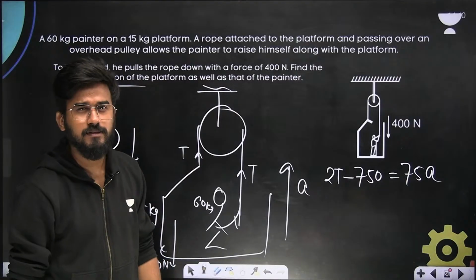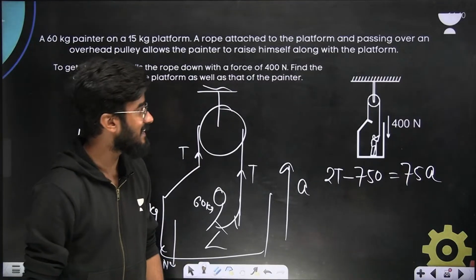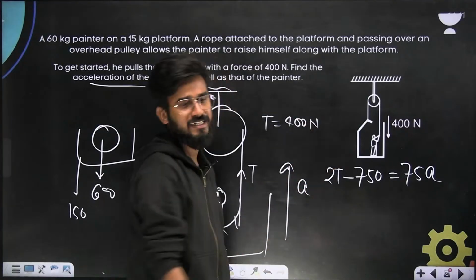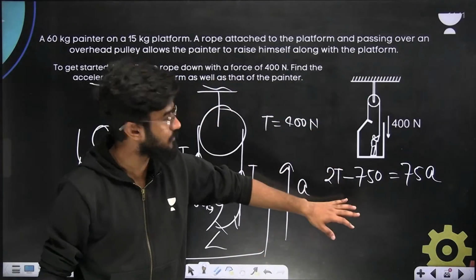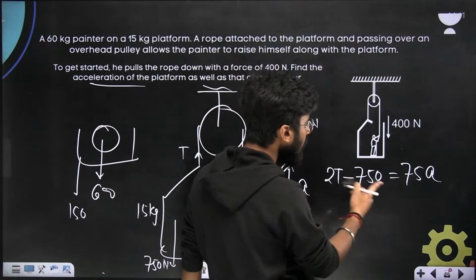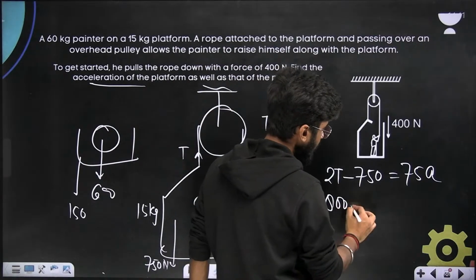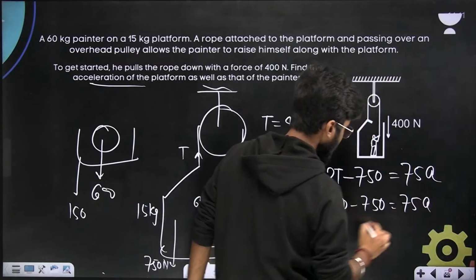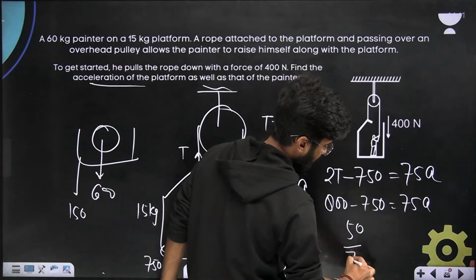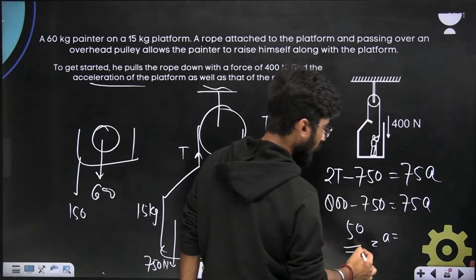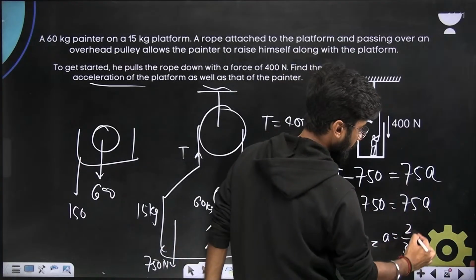Now, two variables but one equation, but we know the tension is given as 400 Newton. So we substitute the value of tension: 200 into 2 means 800, minus 750, equals 75A. This means 50 divided by 75 equals A. So A will be equal to 2 by 3 meters per second square.